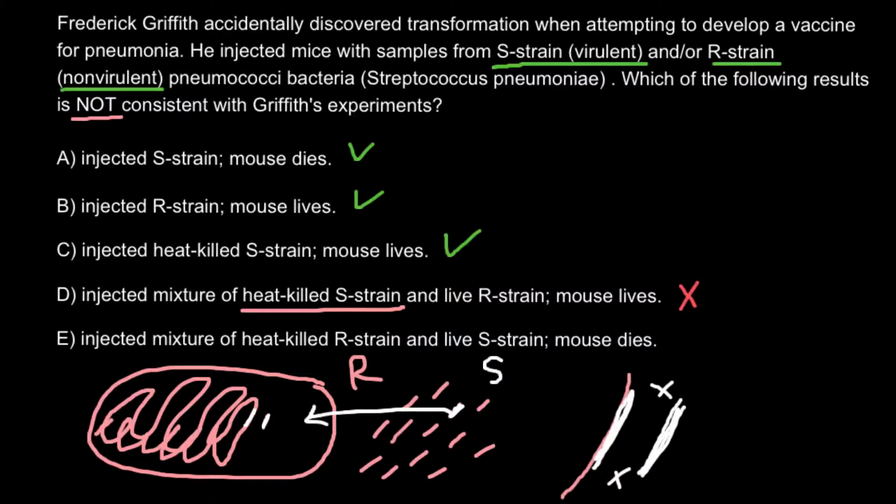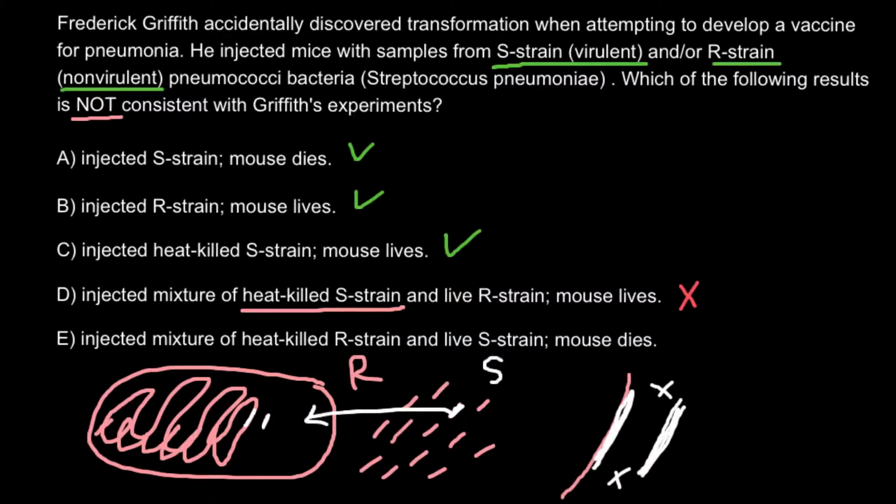And now the last statement E, injected mixture of heat-killed R strain, and we know that R strain is non-virulent. So if we heat kill it, it doesn't affect whether mice live or not, because anyway this is a harmless strain.